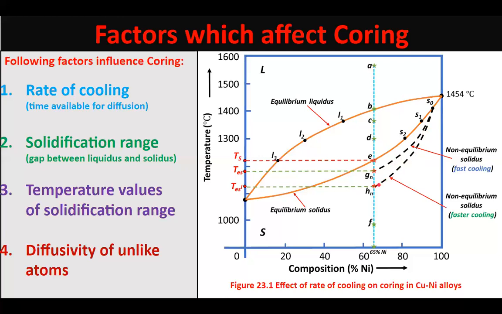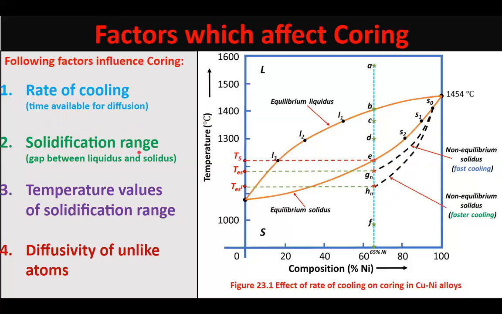And if you go to a cooling rate even faster than these two, then the effective or depressed solidus line would come like this. So the first factor which promotes coring is that whenever you depart from the equilibrium cooling rate, whenever your rate of cooling is fast, the time available for diffusion is less and there would be more coring.